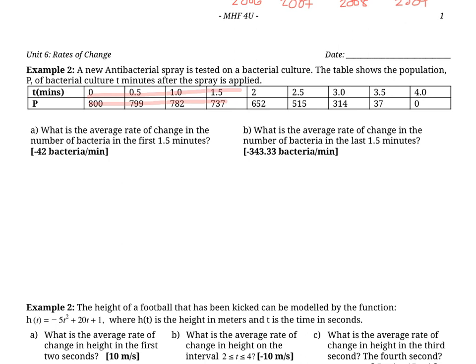We can apply the exact same idea that we did before. If we think of our time as our independent variable, our x, and our population as our y value, it becomes very obvious. We'll call this the starting point, our 1, and this will be our ending point, our 2. So how does the population change between those two?